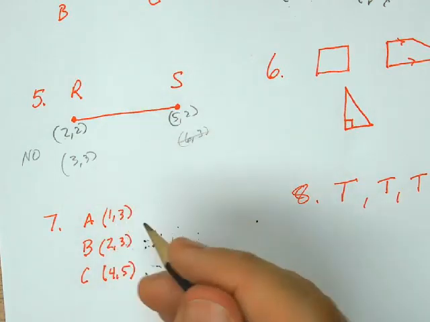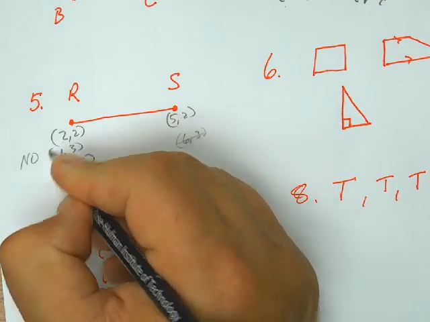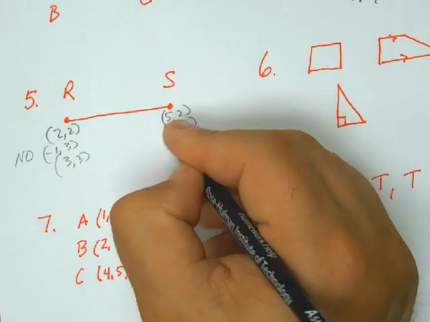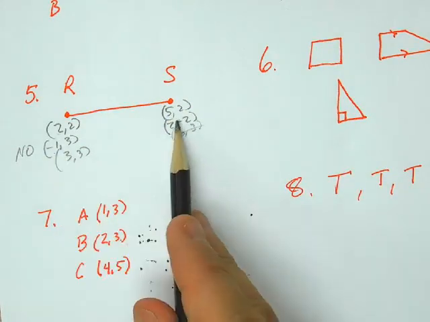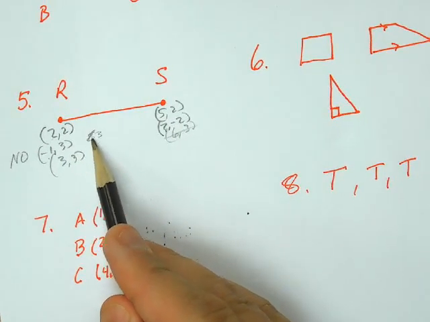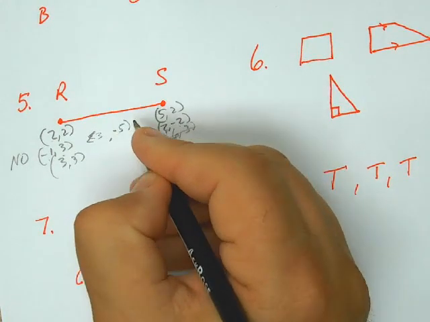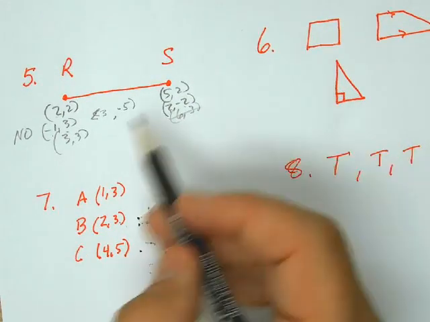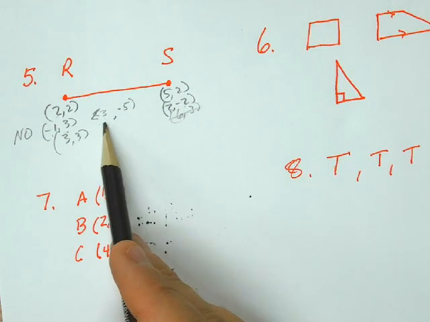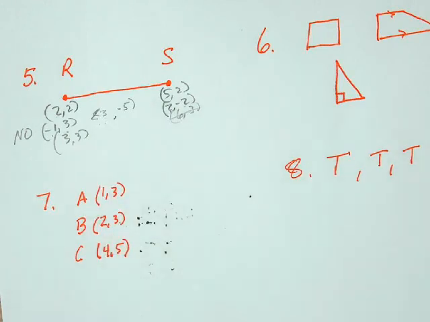Okay, so if they have R as -1, 3, and S is 2, -2, all right, what's the change? -1 to +2, that's a 3. 3 to -2, what's that, -5? Okay, so D, -1 to -4, that would work.